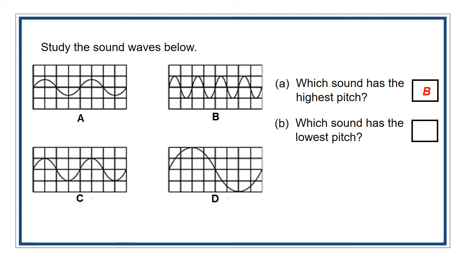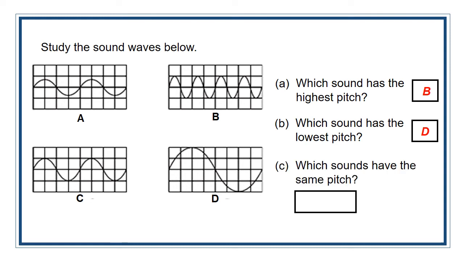Now for the next one, which sound has the lowest pitch? It will be D, because it has the longest wavelength among the four. Then for the last question, which sounds have the same pitch?